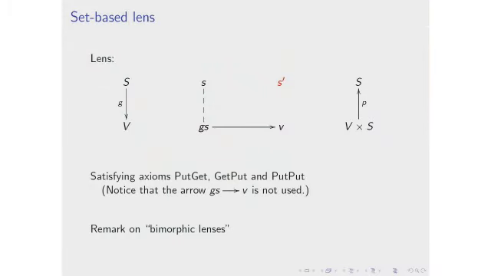The story is this. If you give one of these lenses to a typical Haskell programmer to program, they are likely to build something like what you saw Neil describe on Monday. And so Neil had lots of boxes that tended to have 4 ports on them. And I'm going to call that port S and that port V, just because I'm starting to connect up with what we've said here, right? Okay, but why 4 ports?